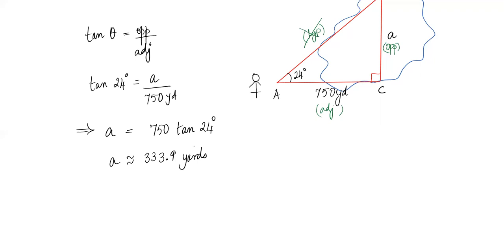Then you come back and say the distance across the lake is approximately 333.9 yards. It's really cool that the surveyor doesn't have to take any equipment to measure that distance. If the angle is known and the side is known from his end of the lake to where he's standing, that gives him the ability to measure the distance across the lake.